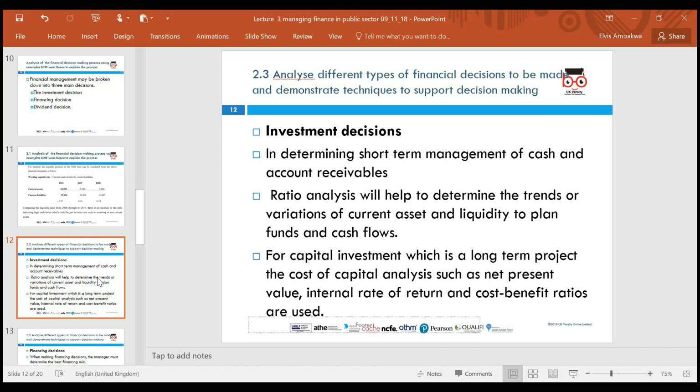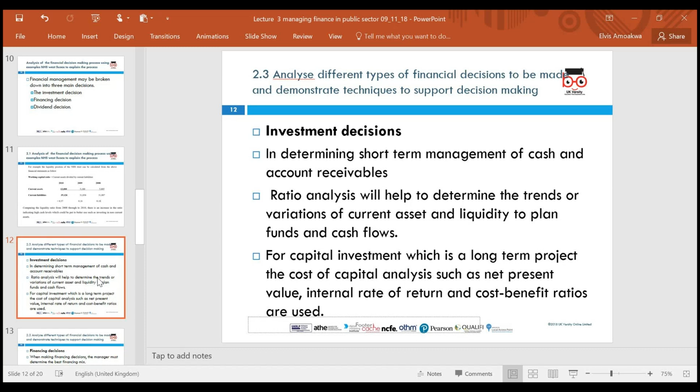To do that, ratio analysis is one of the things that will help to determine the trend or variation of current assets and liquidity to plan funds and cash flow, as I've just shown in the previous slide. So for capital investment, which is a long-term project, cost of capital analysis, such as the net present value, internal rate of return, and cost-benefit ratio, will be used for investment decision, right?